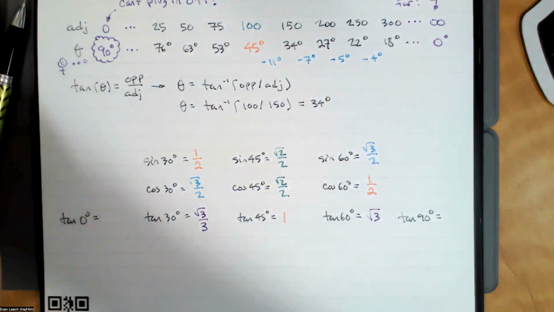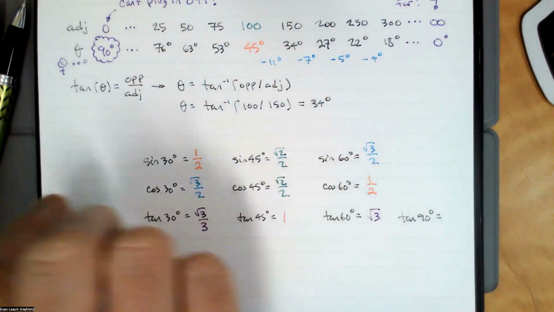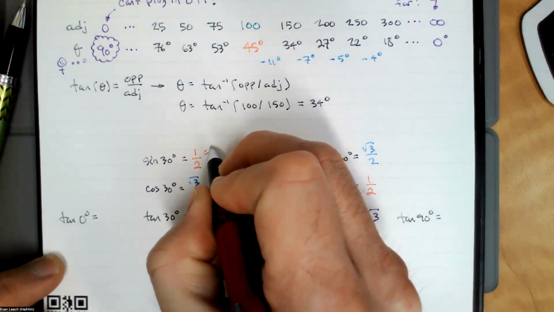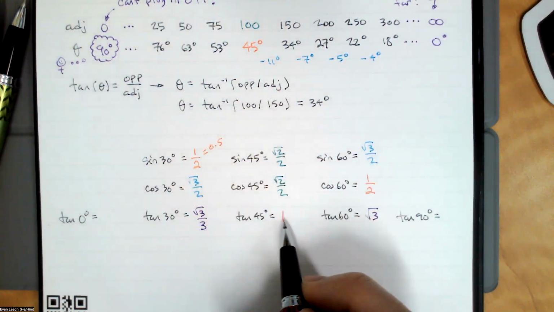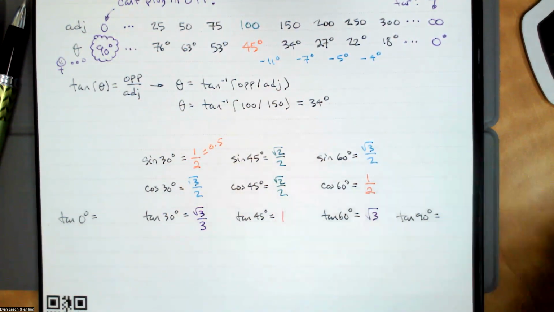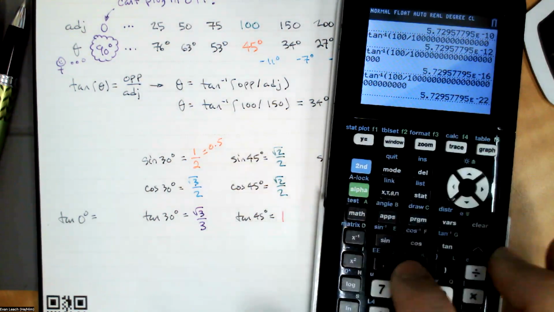One of the things that's helpful is to have all the decimal approximations of these values. We know that 1/2 is equal to 0.5. That one works out nice. We also know that 1 is equal to 1. That one's pretty easy too. But we should know the decimal approximations of, say, √2/2.